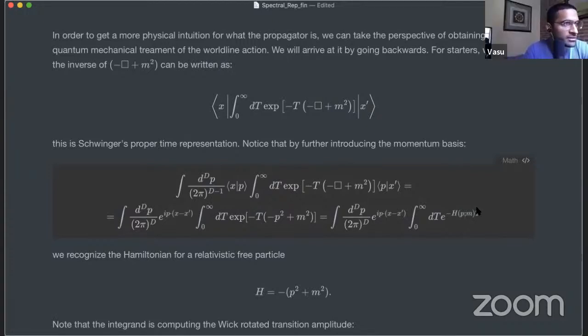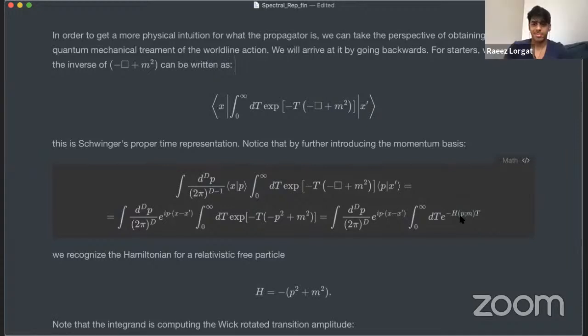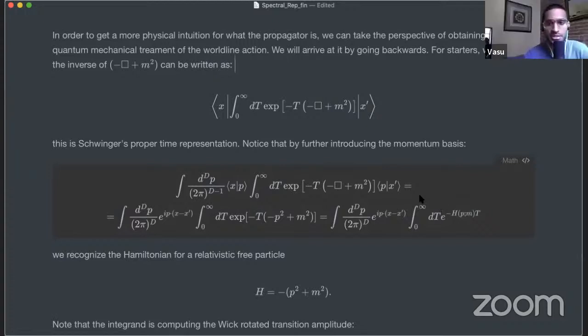The sum over propagation intervals goes hand in hand with the fact that in the quantum mechanical picture, you're trying to sum over all paths. In particular, you're trying to sum over all paths of whatever length, right? And so that's why there's this integral over dt here.